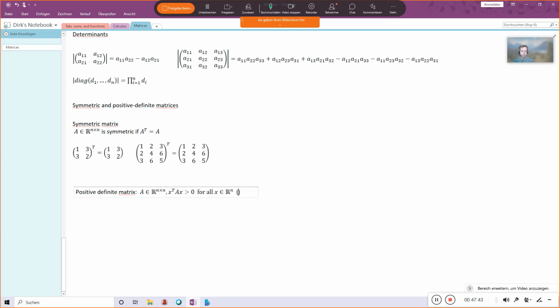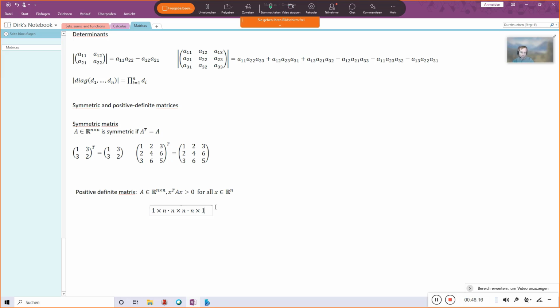Just to make this clear, x is n times 1 dimensional, so the transpose is 1 times n. And then we multiply that by A, which is n times n. And then we multiply that by x, which is n times 1.